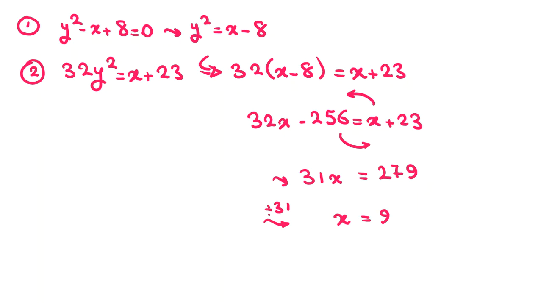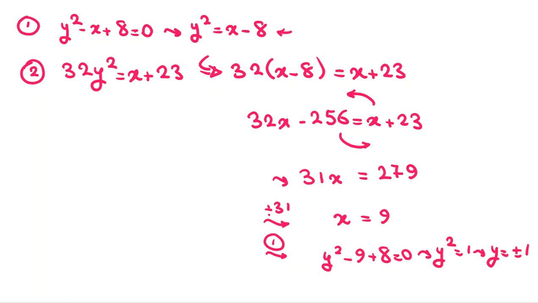Now, if we replace in this equation, in first equation, y squared minus 9 plus 8 equal to 0. So y squared equal to 1, and we conclude y is plus minus 1. So let's write. Okay, x is 9 and y equal to plus minus 1.